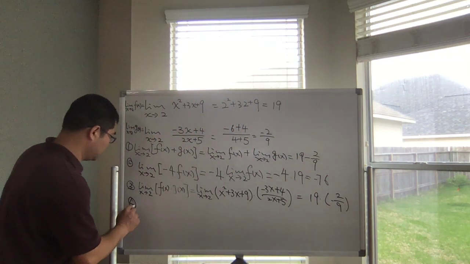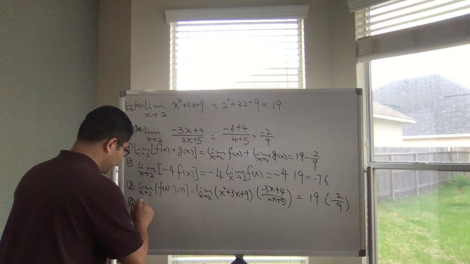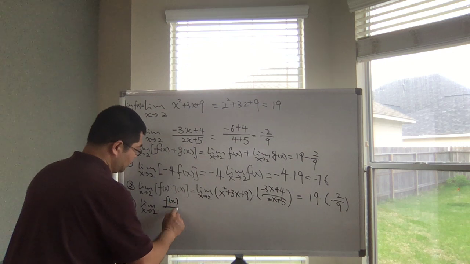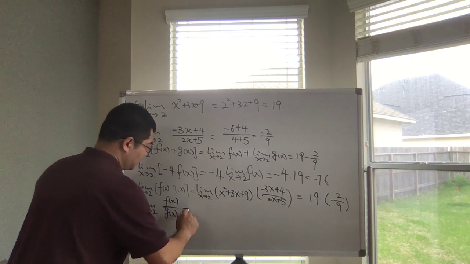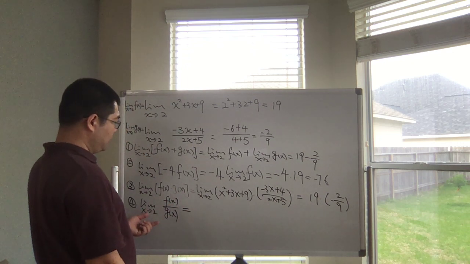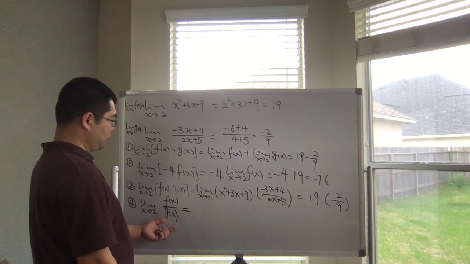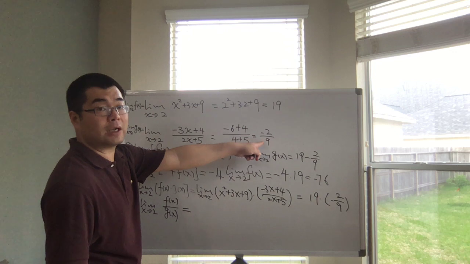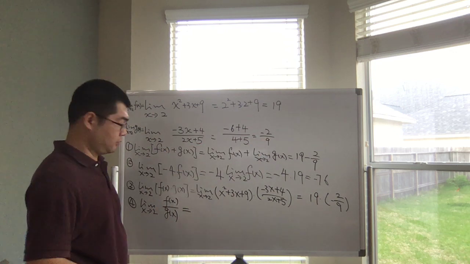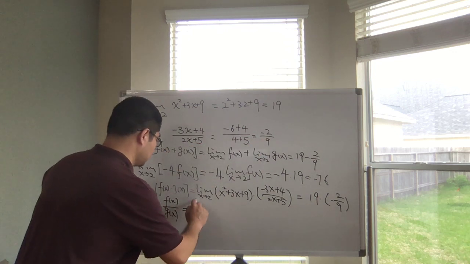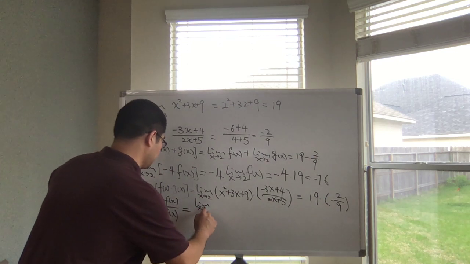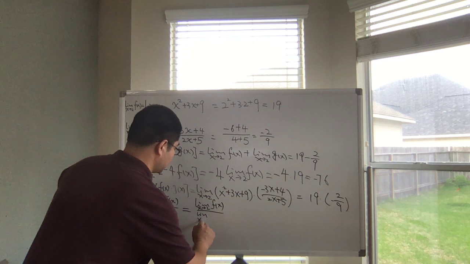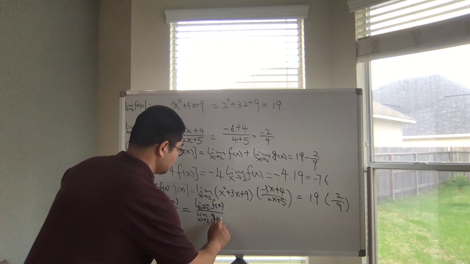And then the other one is the limit as x approaches 2 of f(x) over g(x). As we talked about, the limit as x approaches 2 of g(x) equals negative 2 over 9, so it's not 0. So this equals the limit of f(x) over the limit of g(x).